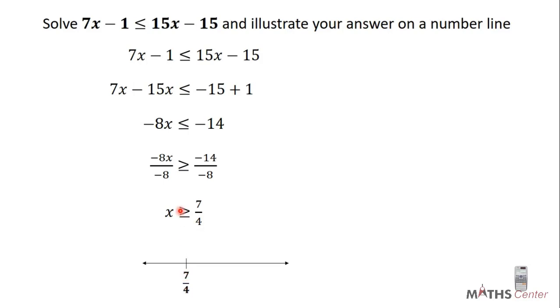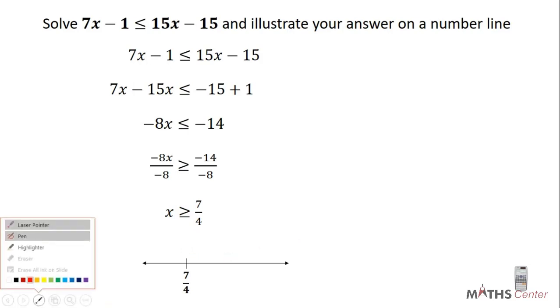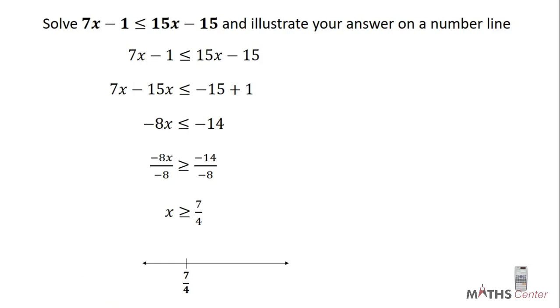Looking at the inequality sign, it shows that the arrow will be moving in this direction. Now this is what I mean. Looking at the inequality sign, it means that the line that we are going to draw on top of the inequality will be moving in this direction. We know from our number line that if you have a line like this, sorry, I'm going to clean this so that you get it very well. Okay.